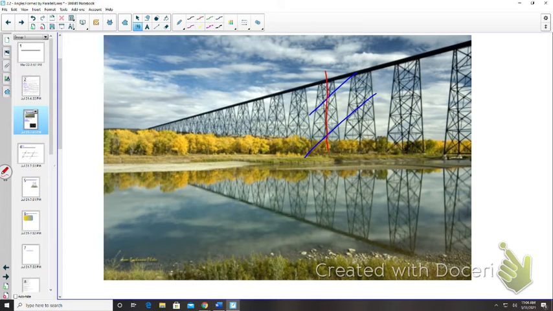Our interior angles are on the inside. So 1, 2, 3, and 4. Those are interior angles. Okay? What are our exterior angles? 5, 6, 7, 8.